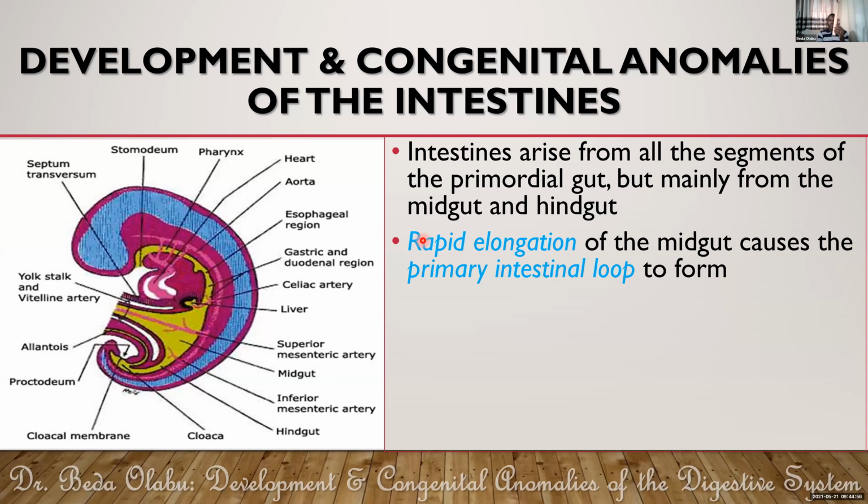And so that coiling is what we're calling a loop. A rapid proliferation will cause elongation. And because it's elongating and the two ends are fixed, the intestine is going to form a loop.